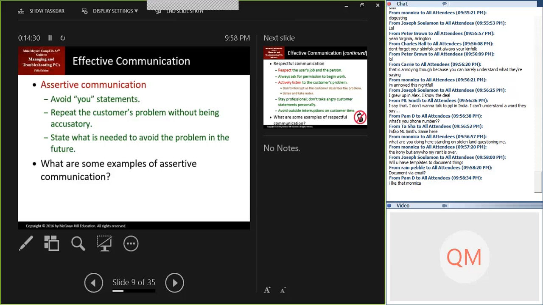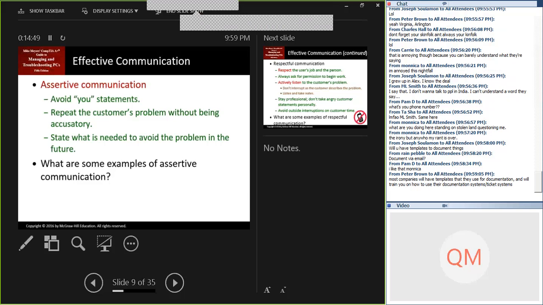You don't want to say, so what did you do before you got the blue screen of death, right? Like making it accusatory of the person as opposed to, were you working in a specific application before this happened? Like what actions were you performing before this happened, and making sure that it's about what happened as opposed to what they did.